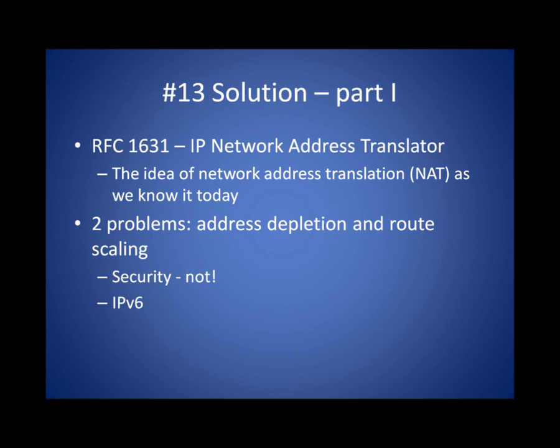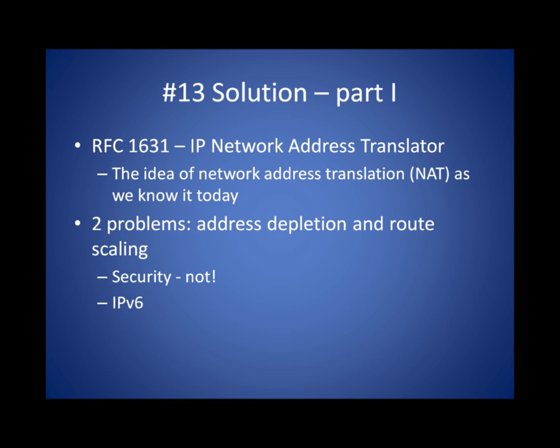Now, this particular RFC was trying to address two problems. The one that most folks know about is address depletion, but there's also this whole question of route scaling. As the number of IP version 4 addresses that are being used goes up, routing tables also grow. And this was initially addressed with variable length subnet masks, or VLSM.